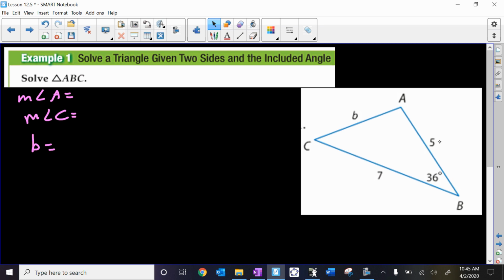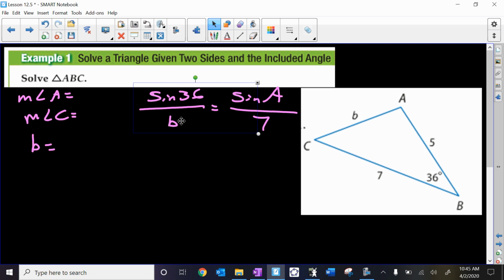If you tried to use the law of sines, you would come up with 2 variables. For example, sine of 36 over B would equal sine of another angle measure, say A, over 7. You see how I get a variable B and I get a variable A. So law of sines doesn't work.